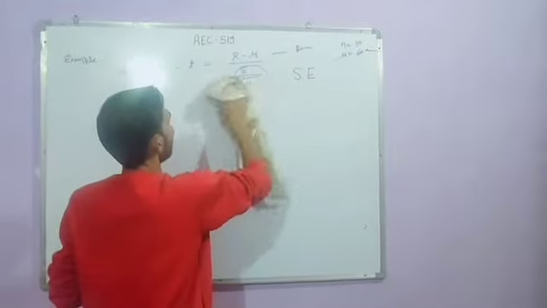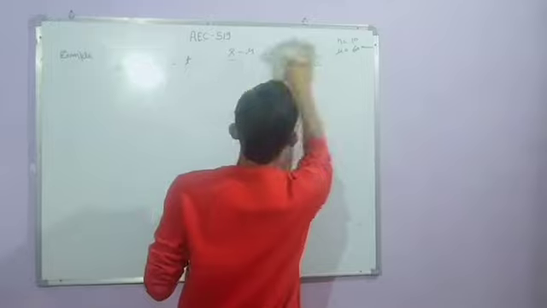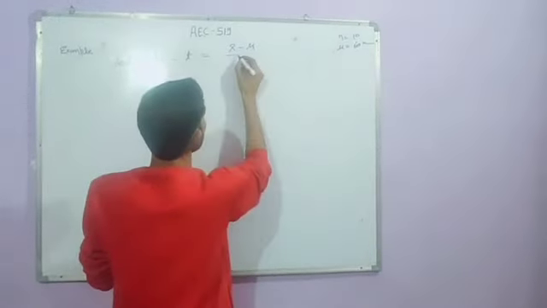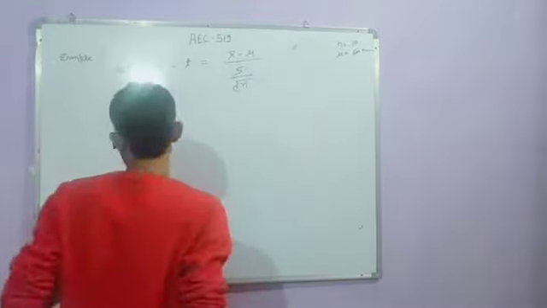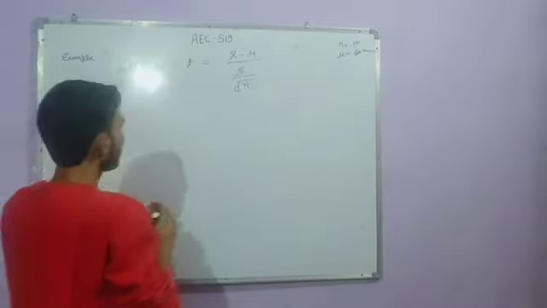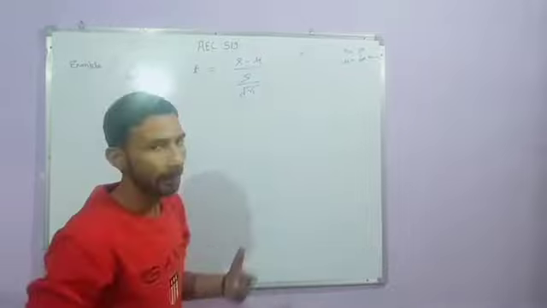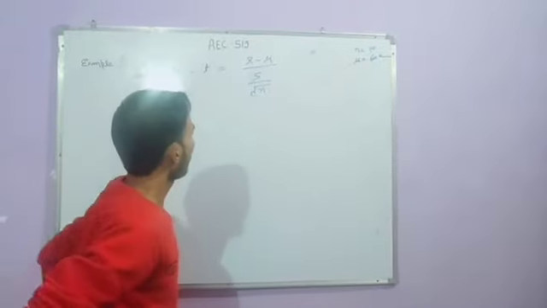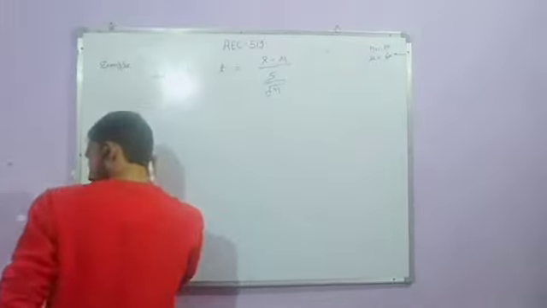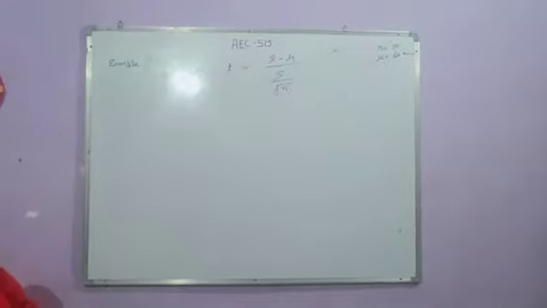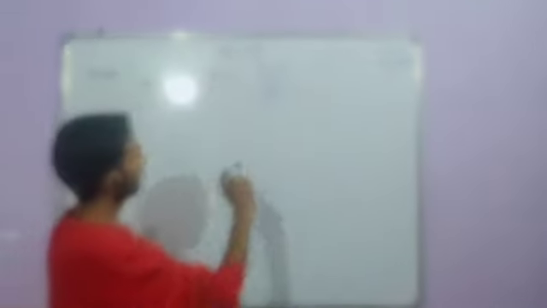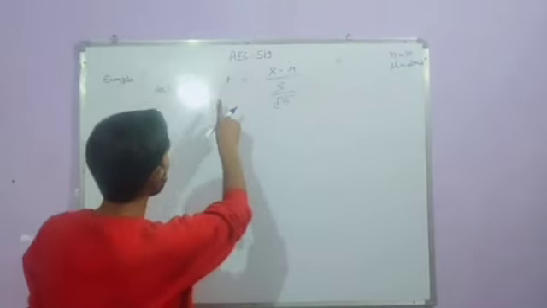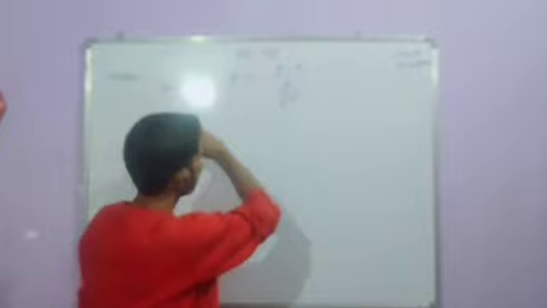Now, s upon under root n: this s is the standard deviation of the sample. Okay, now we make a table. Now dear student, first we look at the T statistic formula.